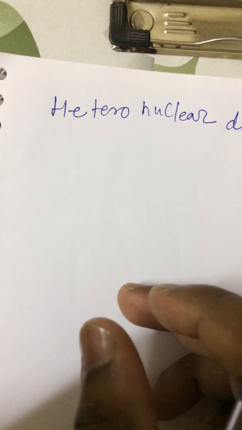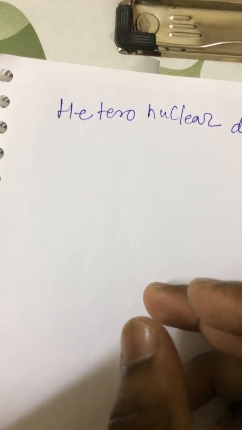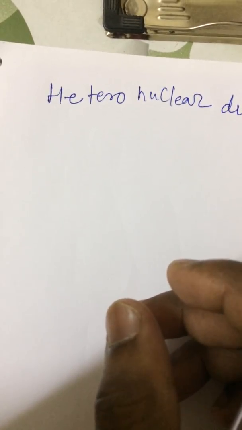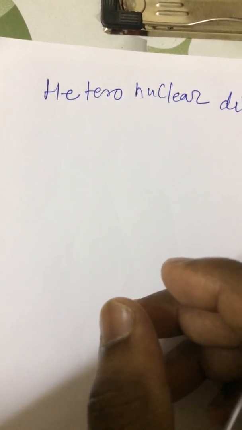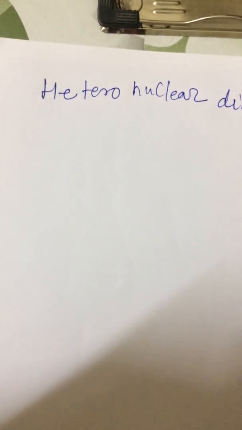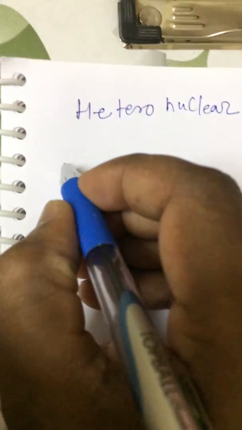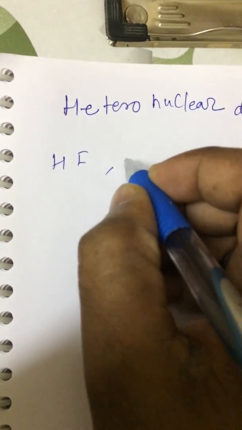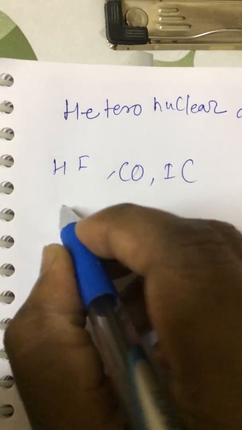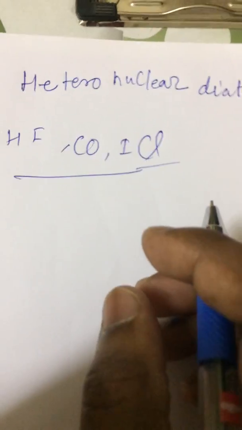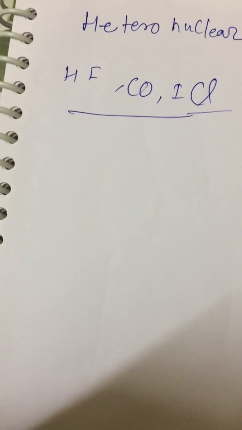The basic point is unequal contribution of atomic orbitals, and the bonding electrons are found more on the more electronegative atom, and antibonding electrons on the less electronegative atom. Examples are HF, CO, and ICl.